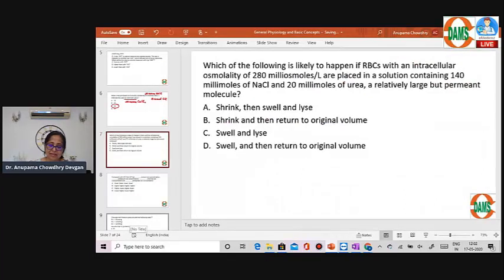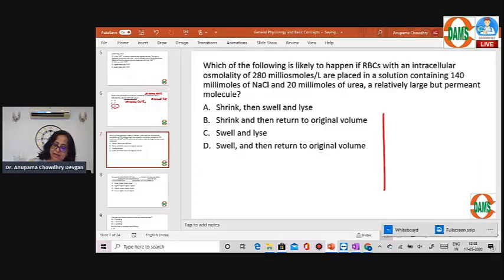Let's see if you can answer this question now. Which of the following is likely to happen if RBCs with an intracellular osmolality of 280 milliosmoles are placed in a solution?